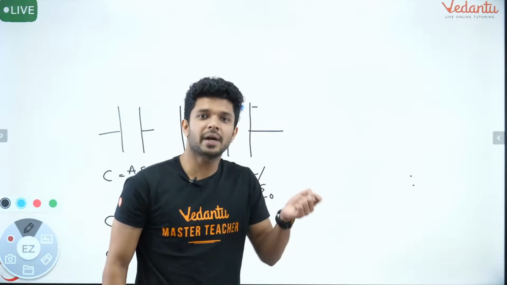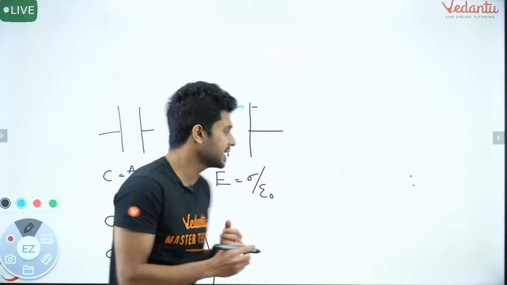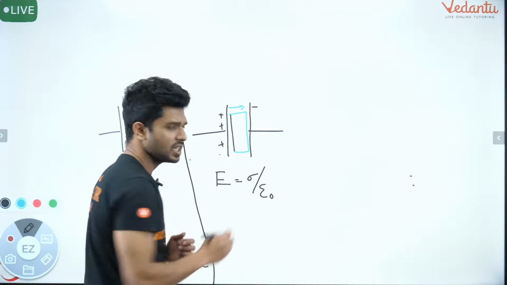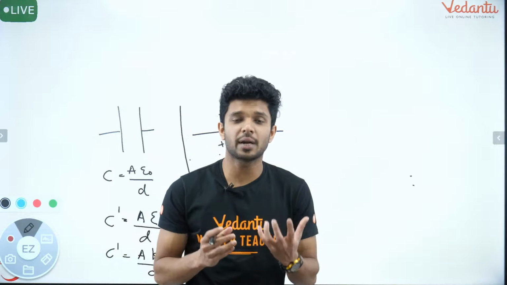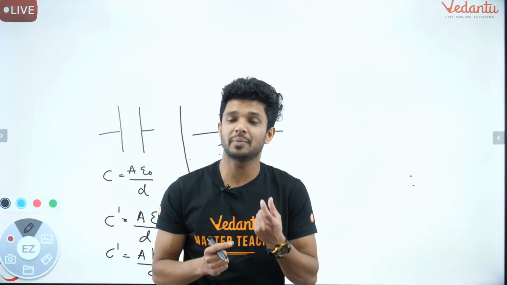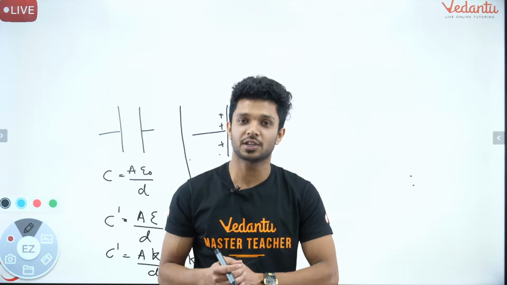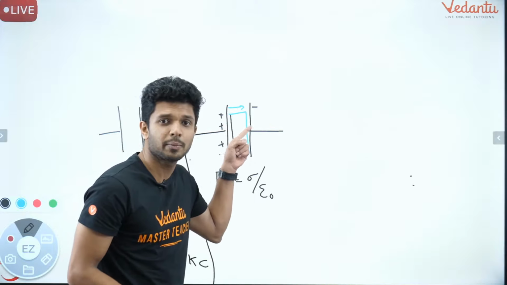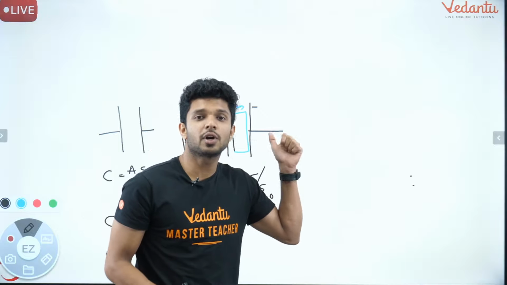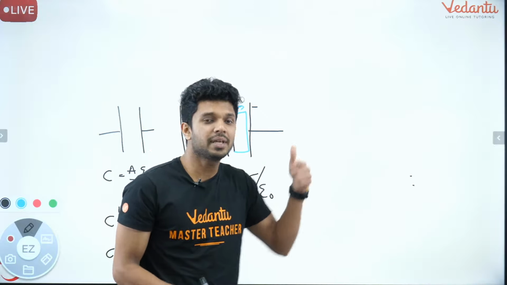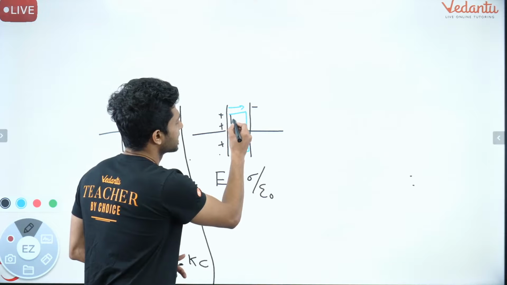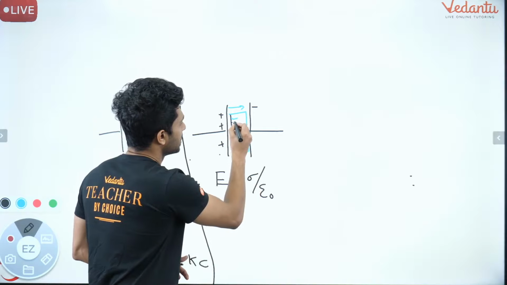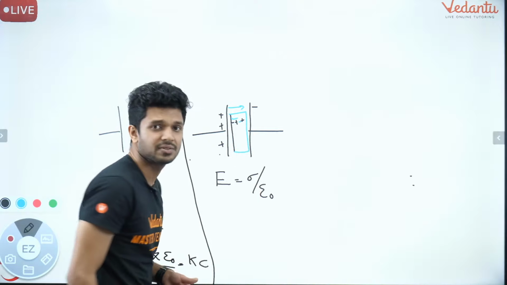Whenever you keep a dielectric material, which means an insulator, in between them, an insulator may consist of polar molecules or non-polar molecules. I hope you have a good knowledge about polar and non-polar molecules. In the presence of an external electric field existing between the plates, the polar molecules or the non-polar molecules will be aligned in the direction of the electric field. The polar molecules will be aligning in this particular direction with negative and positive, just like this.